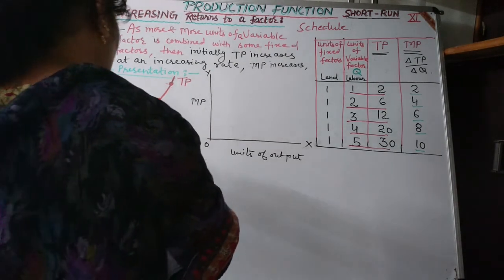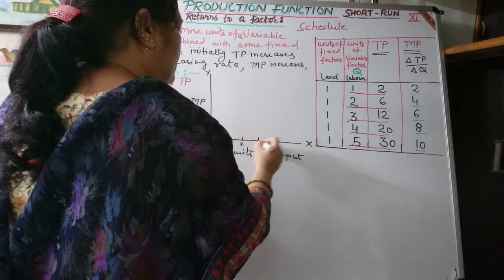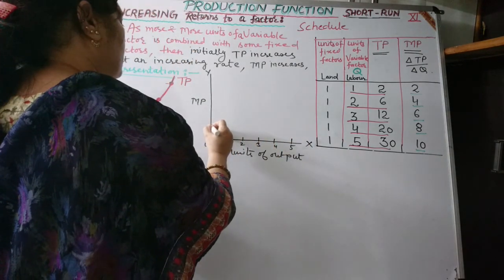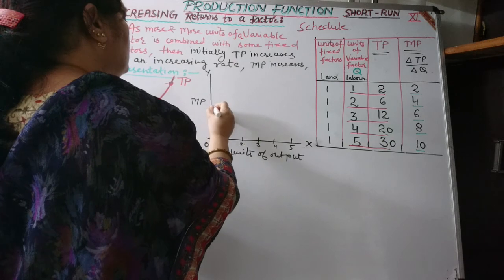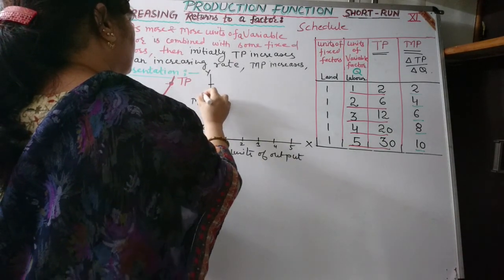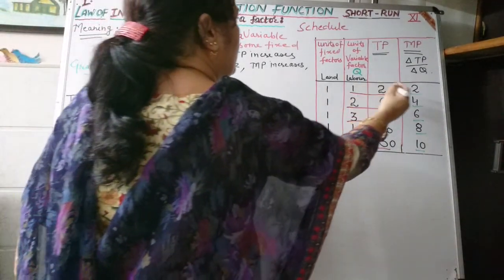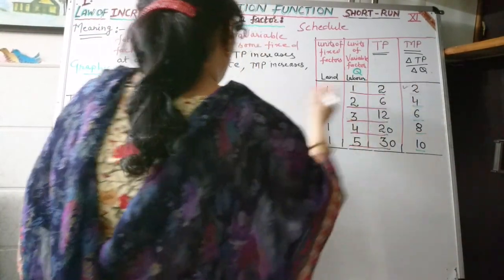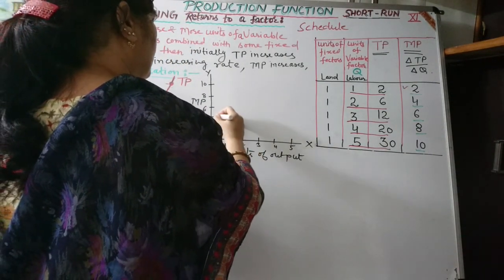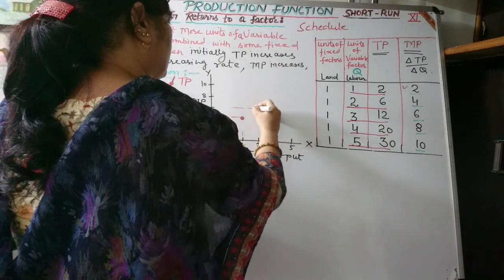Now let us draw marginal production. There are 5 units of output and marginal production 2, 4, 6, 8, 10. At the first unit of output, marginal production is 2. At the second unit, marginal production is 4. At the third unit, it is 6.